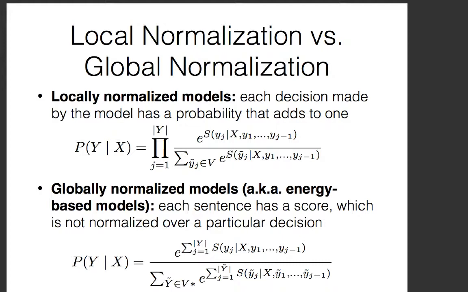On the other hand, on the bottom, for all of our hypotheses in our output space, maybe it's this V to the x hypotheses, the V to the x number of tags that we can do, we first calculate the score for each of these hypotheses by maybe calculating the score over all of our independent decisions. Then we normalize over all of those. So this is an important difference from the point of view of structured prediction models.